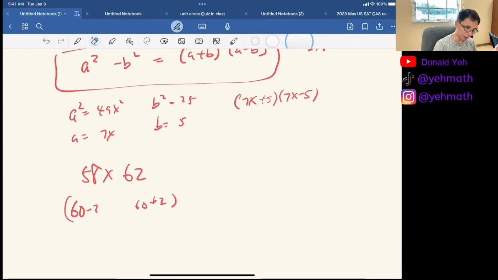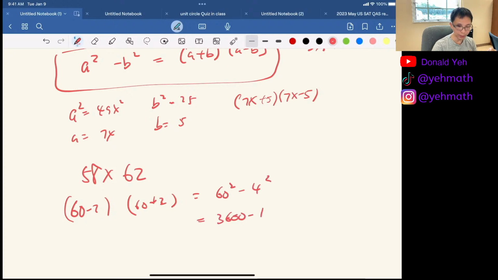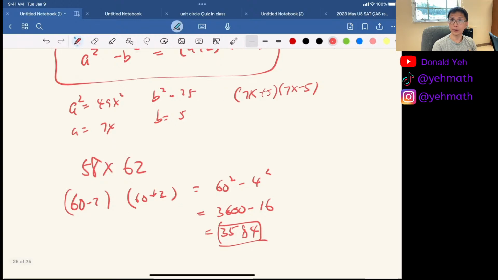So this means there are two things times each other, but we know this is a difference of squares. That means 60 squared minus 2 squared, and that's 3600 minus 4, which is 3596. And you can actually do it inside your head. So this is called difference of squares. Very useful. Okay.